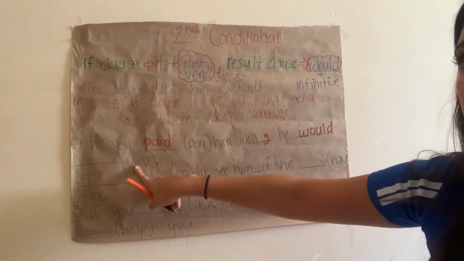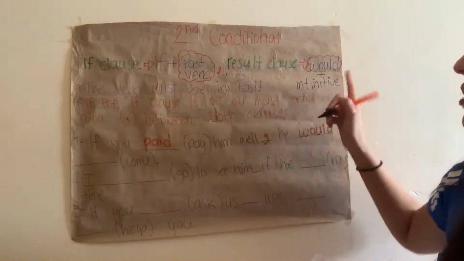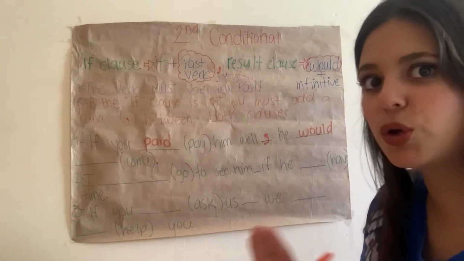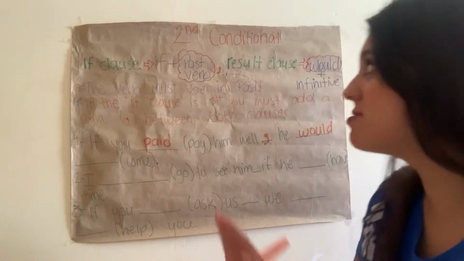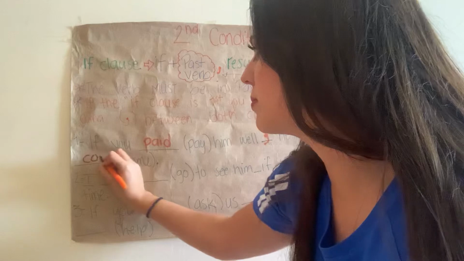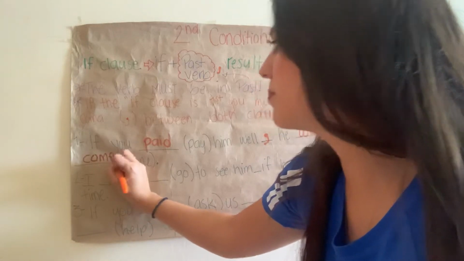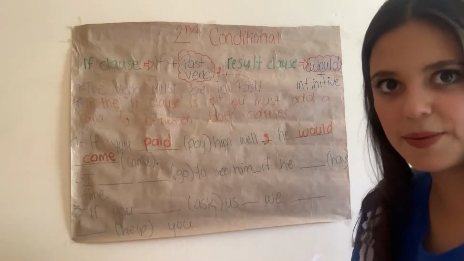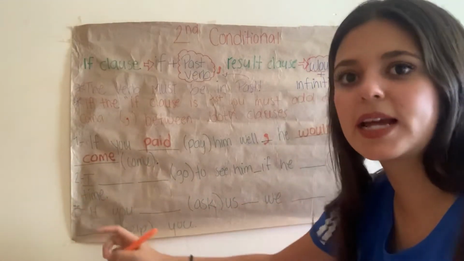And what verb are we using? Come. The verb stays the same. We do not change anything to the verb when it's in the result clause. If you paid him well, he would come. Okay? Very good. Let's go with the next one.